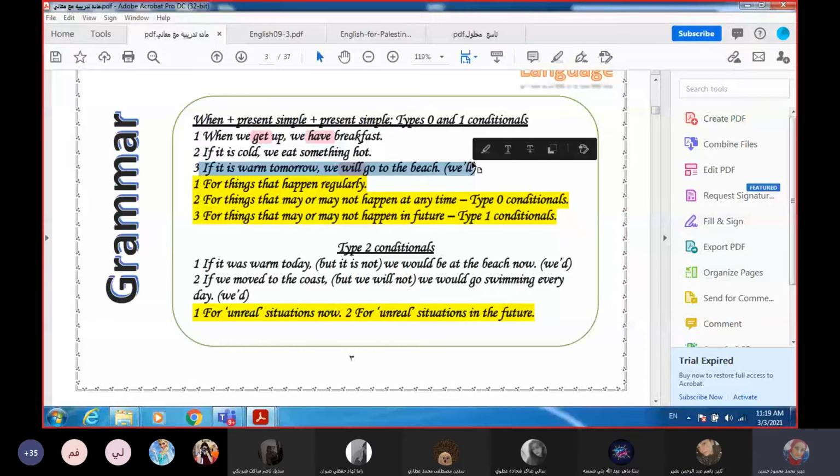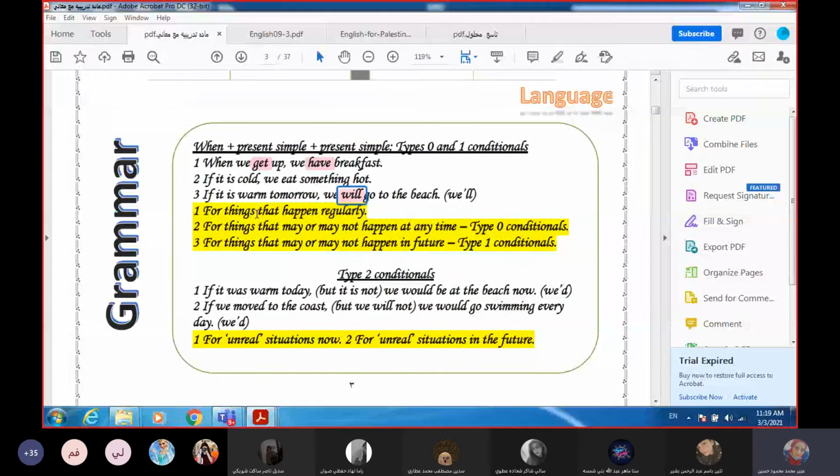In the if clause I have simple present, also present simple, and the main clause is the one we talked about, will. So if clause type 0 is for things that happen regularly, for things that may or may not happen at any time, the zero conditional.